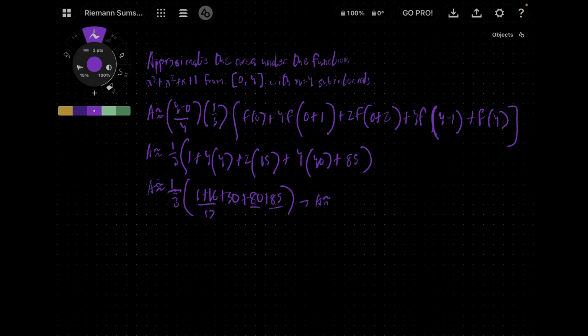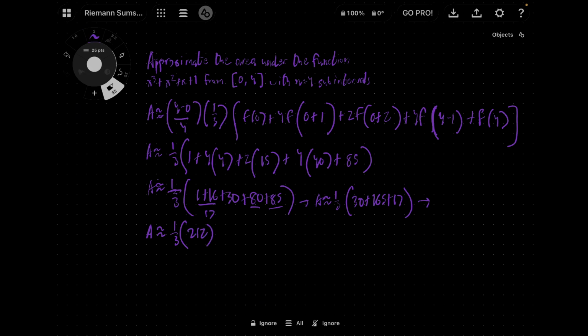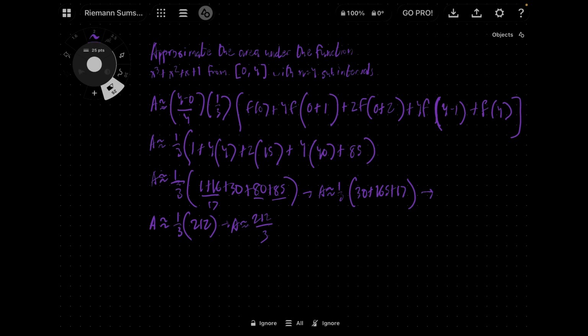So area is approximately 1/3 of 30 plus 165 plus 17, and 165 plus 17 is going to be 182, plus 30 should be 212. 1/3 of 212. So the area is approximately 212 by 3. Over here we have our approximation, and it is not too far from the area, especially since we're dealing with a cubic function.